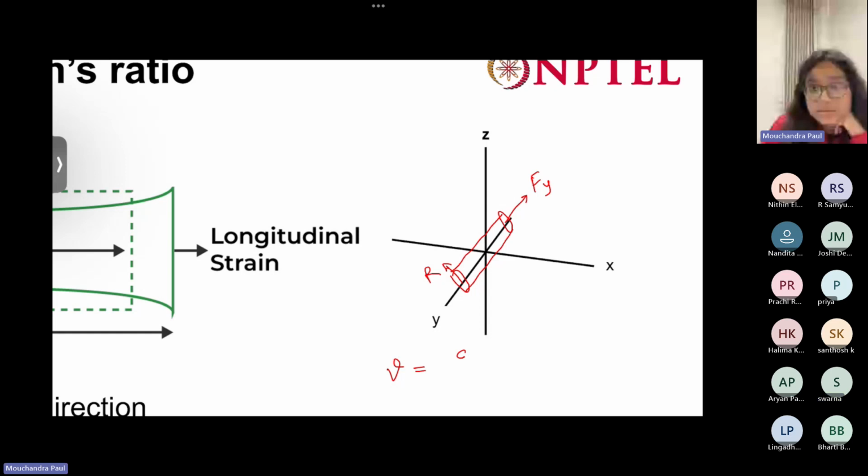Are you going to answer? Are you willing to give an attempt? How will you define Poisson's ratio then? Okay, maybe not. Then you can mute yourself.